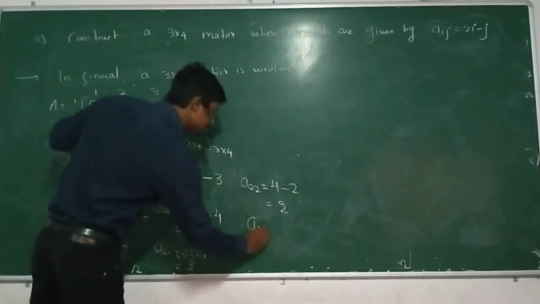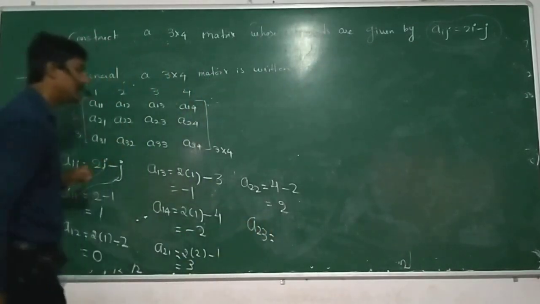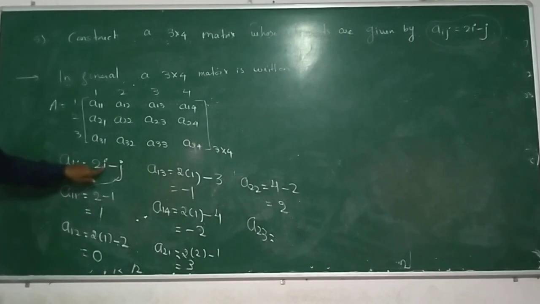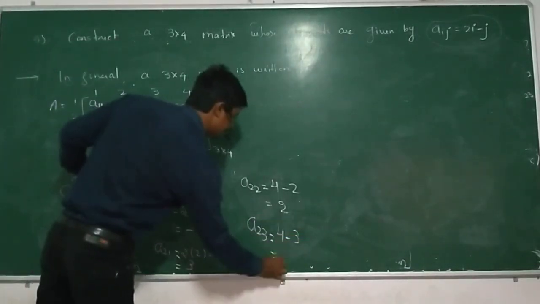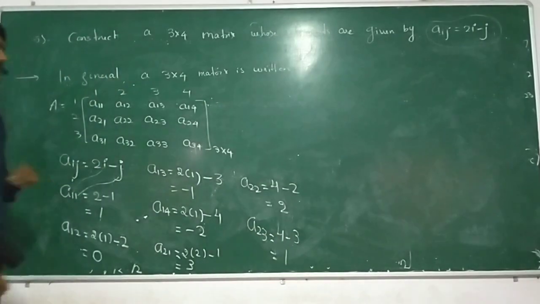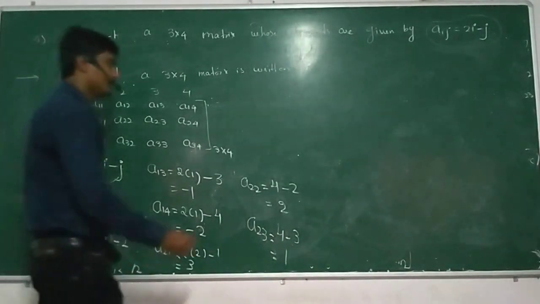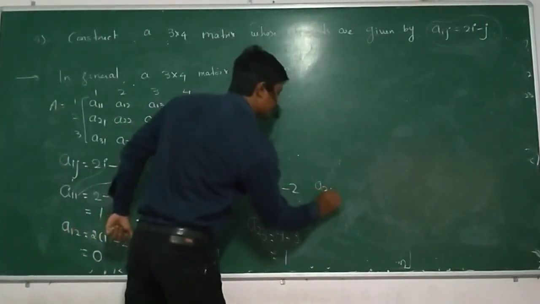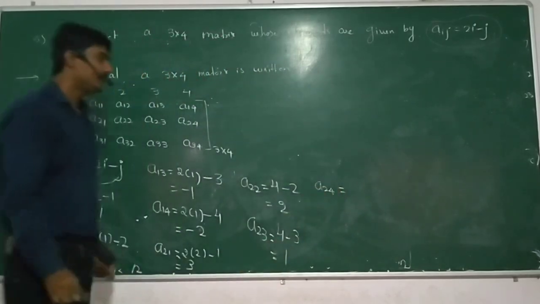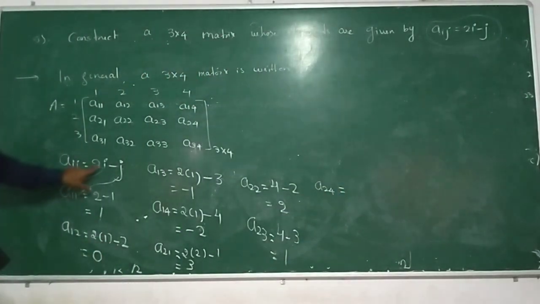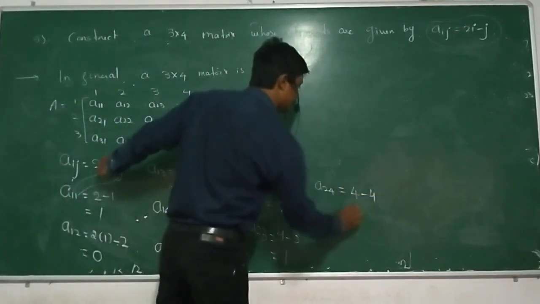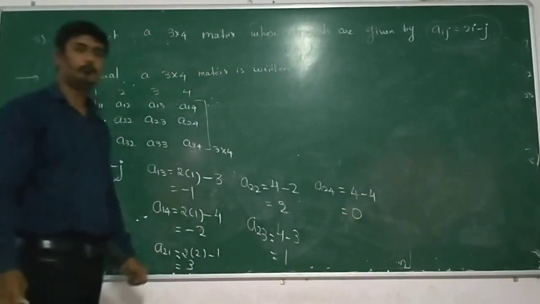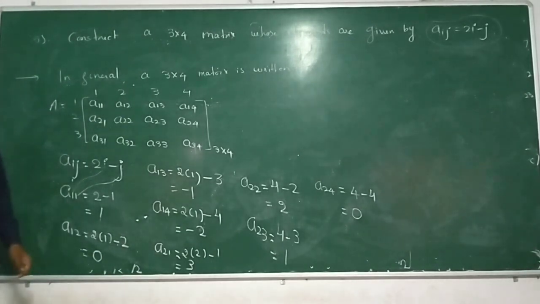A23: i value is 2, so 2 into 2, 4 minus 3, it is 1. A24: i value is 2, j value is 4. So 2 into 2, 4 minus 4. So A24 is equal to 0.